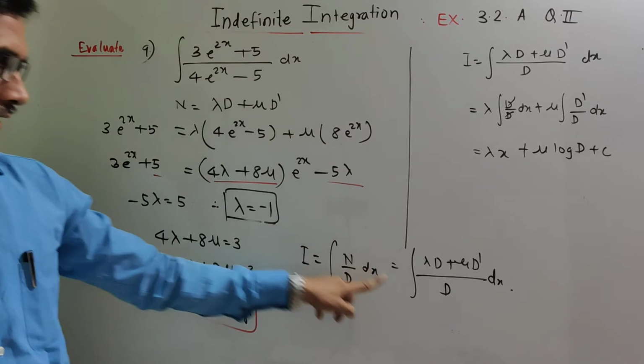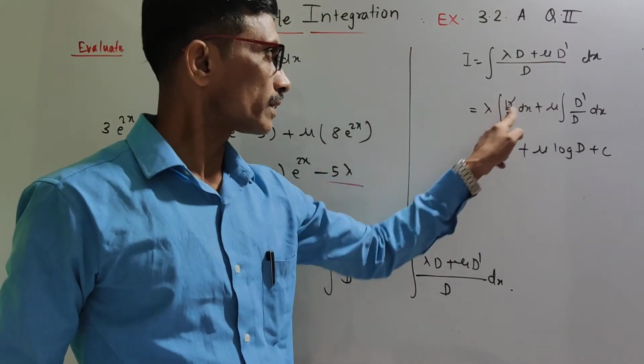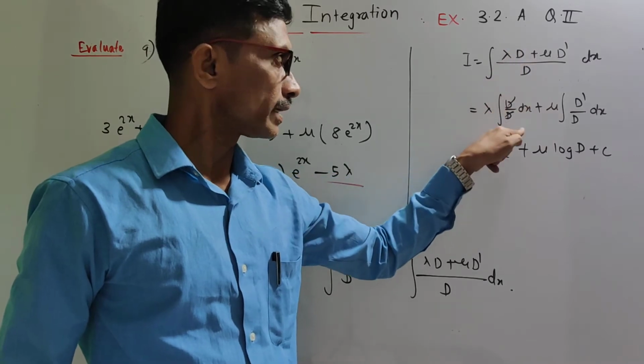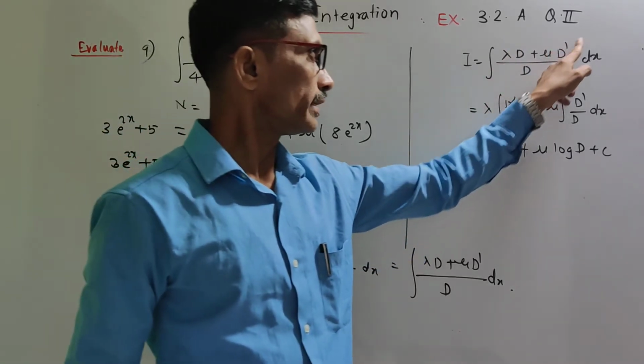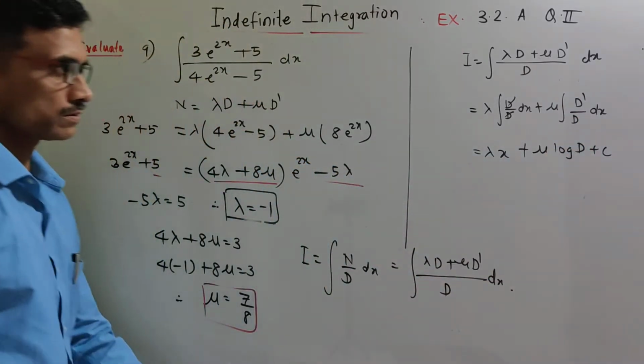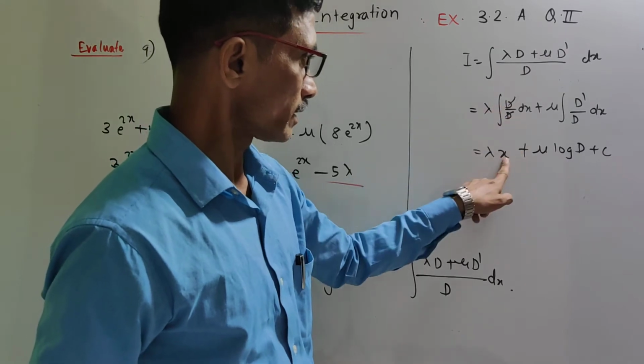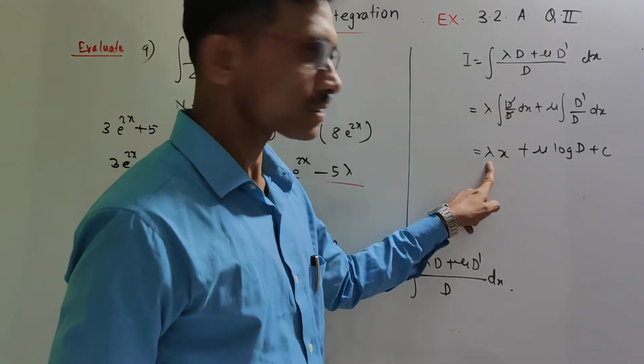Separate it, so D upon D will get cancelled. Mu D dash upon D, so f dash of x upon f of x is log f of x. So we have written log D. So integral of 1 dx is x, lambda constant.